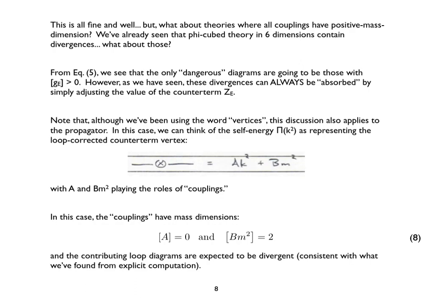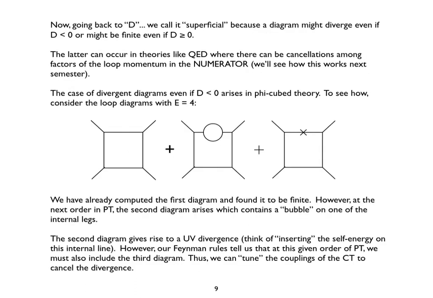So again, we have divergences, but we can write down counter terms that have couplings with mass dimension greater than or equal to 2, or greater than or equal to 0. And we can do this at every order in the perturbation series and cancel off any divergences that we run into.